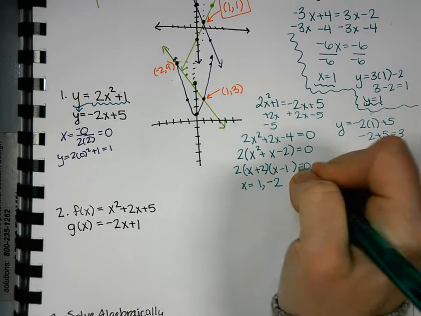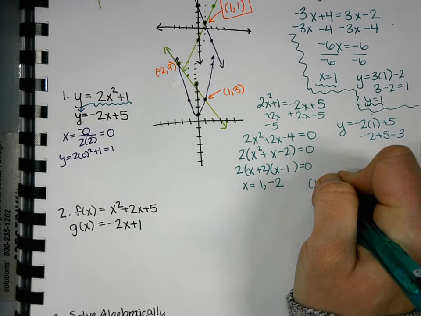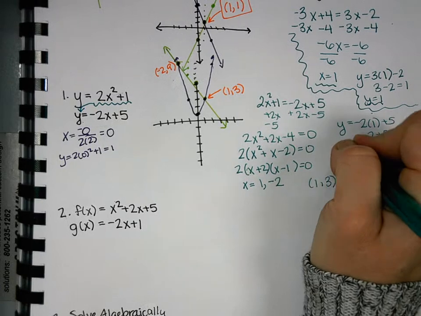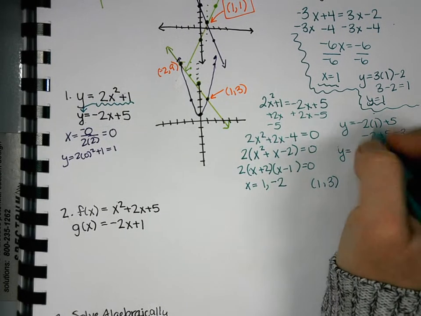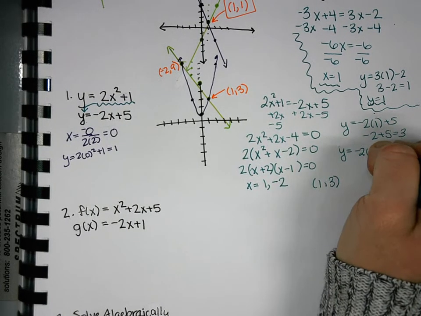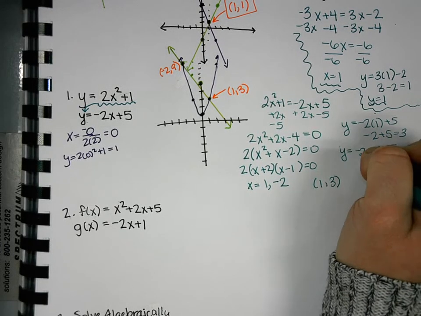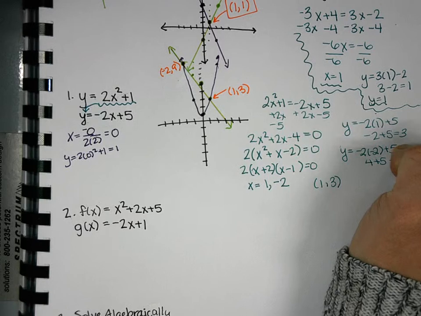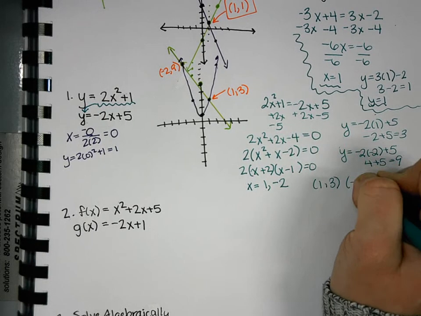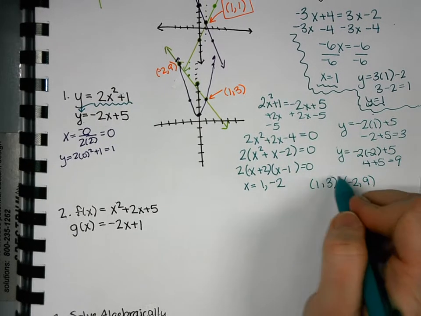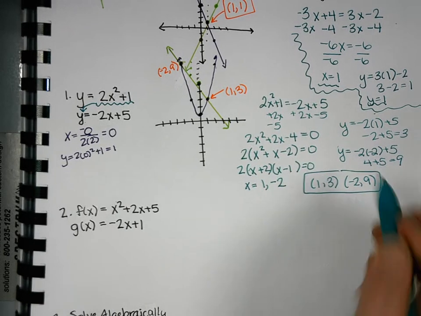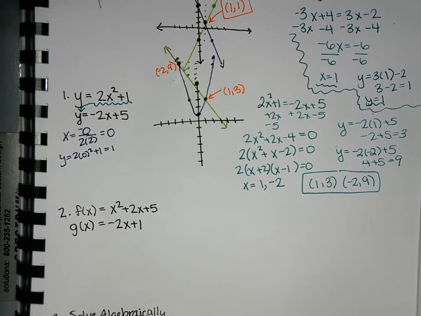So we'll have 1 comma 3. That matches. And then for our second one, we'll have negative 2 times negative 2 plus 5. So that's 4 plus 5, which is 9. So negative 2, 9 is our second one. And that's confirming those 2 points you found graphically.